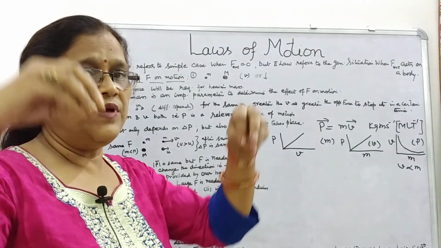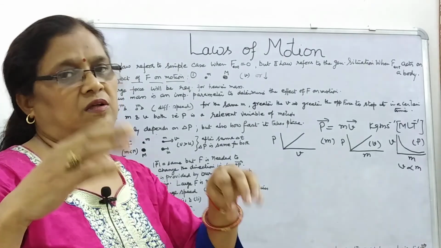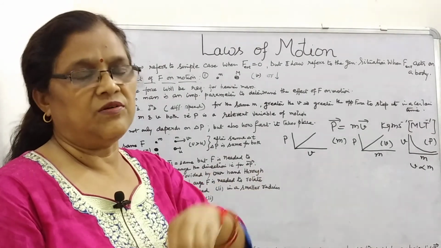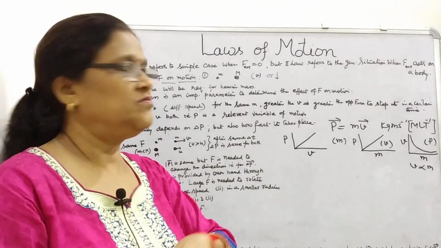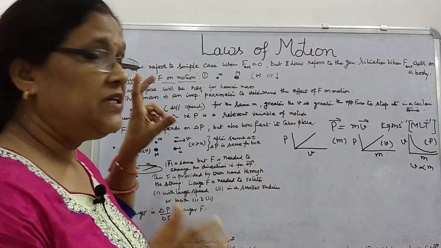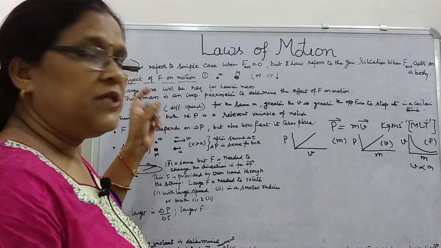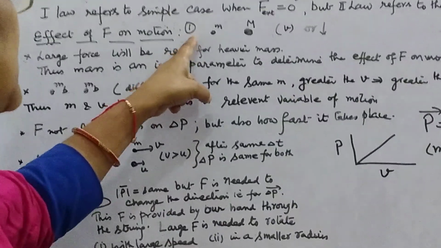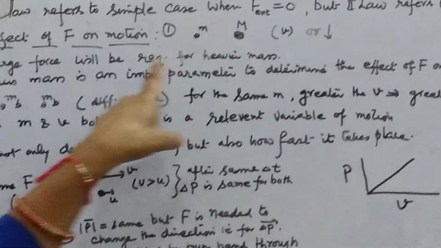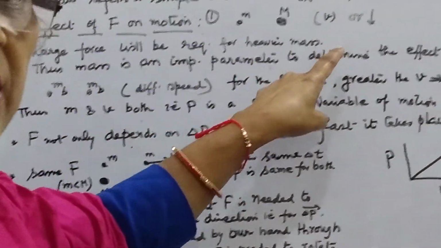What I mean to say is, when different masses have the same velocity, a larger force is required for the larger mass. For two objects of different masses moving with the same velocity, what will you conclude? Large force will be required for the heavier mass, as we have just seen.